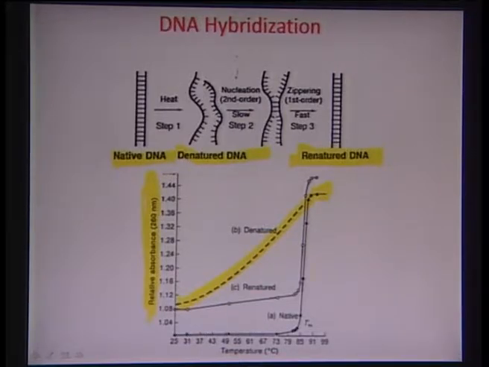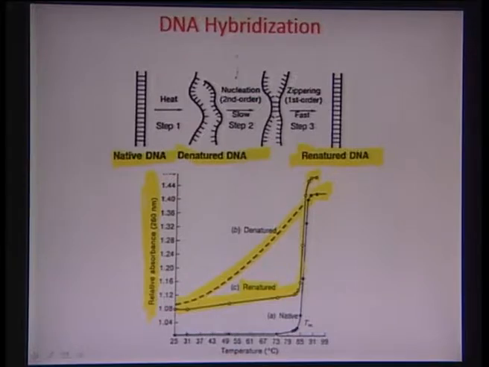In the case of renatured DNA, there is almost no absorption, or very limited absorption, until the temperature reaches about 80 degrees or so, beyond which there is a sudden rise in the relative absorbance. So the way the absorbance of light behaves for these different processes is to an extent different.